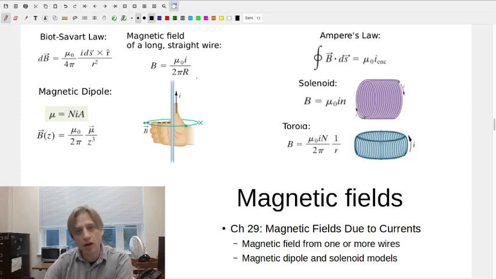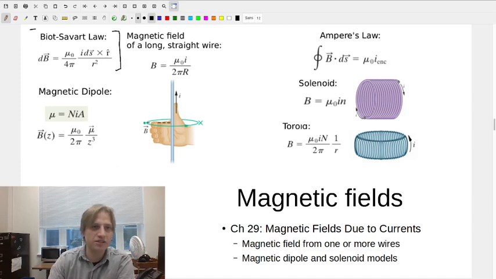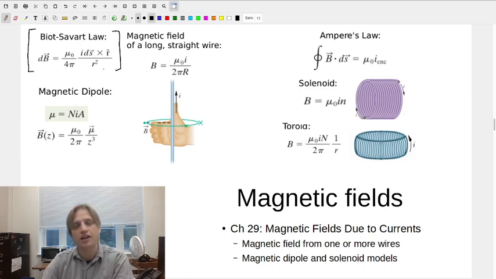Okay, so we've already broached these subjects because they're not totally independent, but we did introduce and solve the Biot-Savart law, which we said is kind of like Coulomb's law of electrostatics, but for magnetostatics.